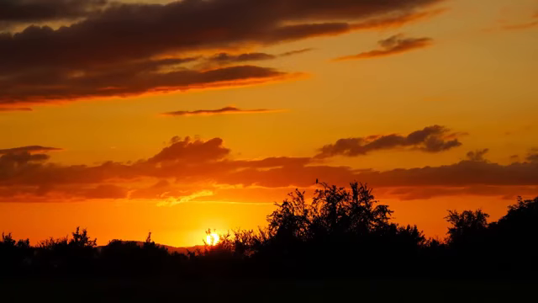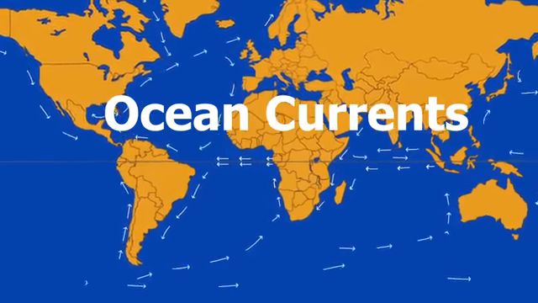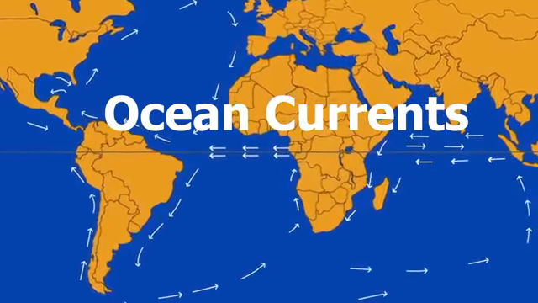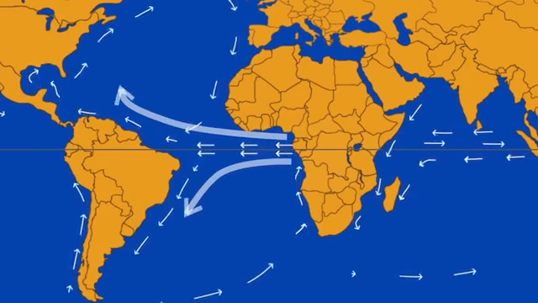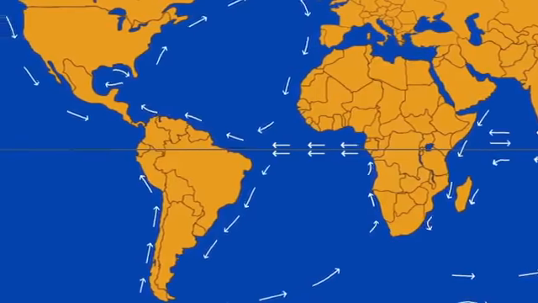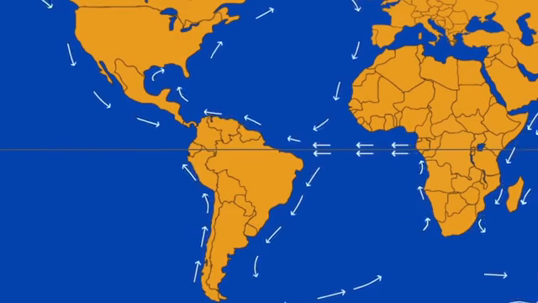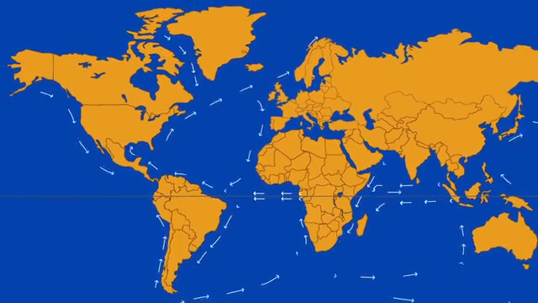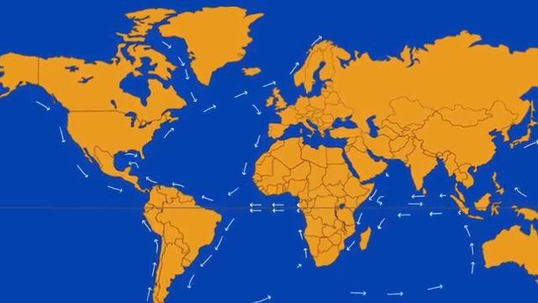Next factor is the ocean currents. Ocean currents are large masses of surface water that circulate in regular patterns around the ocean. The warm currents move from the equator towards the poles, and the cold currents move from the poles towards the equator. For example, any coastal area with warm or cold currents flowing past it will be warmed or cooled if the winds are onshore.